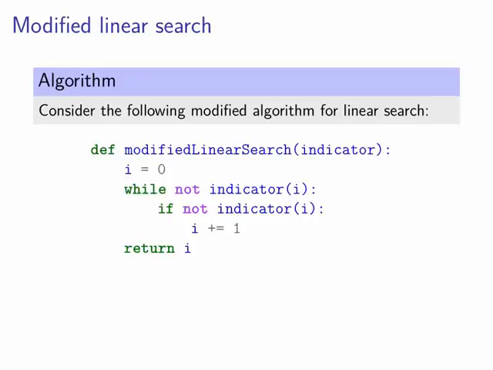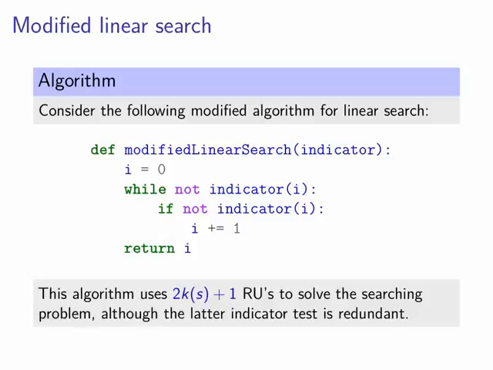So suppose we modify the linear search a bit and do some redundant work. In the while loop, we test the indicator an additional time, although we don't need to. This increases the number of sequence lookups to 2ks plus 1, whereas it used to be ks plus 1.